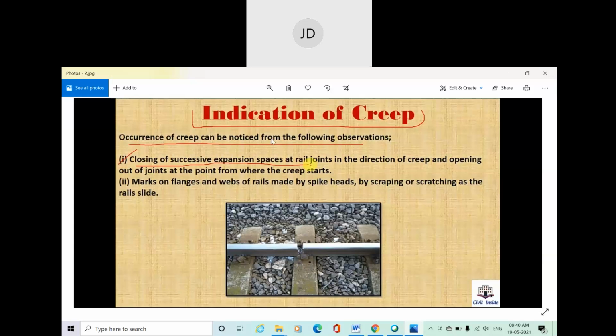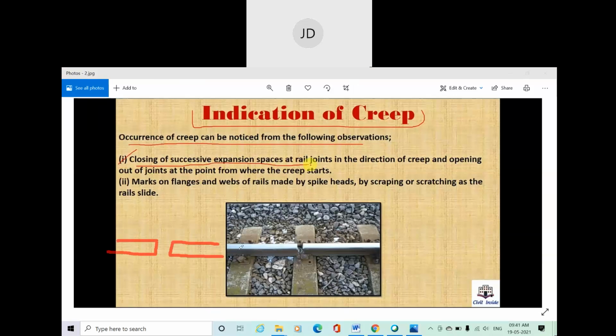So how can you identify whether creep is occurring or not? Closing of successive expansion spaces at rail joints in the direction of the creep, and opening out of the joint at the point where the creep starts. That means you are seeing the last end of this rail. Suppose this rail moves forward from this point, the expansion joint gets increased. If I extend this rail like that, here also some rail will be there.